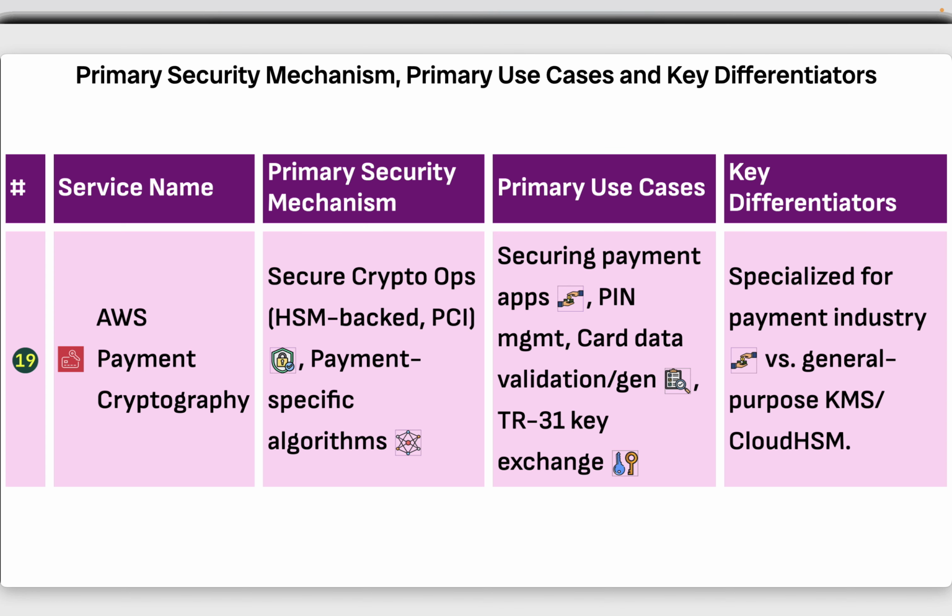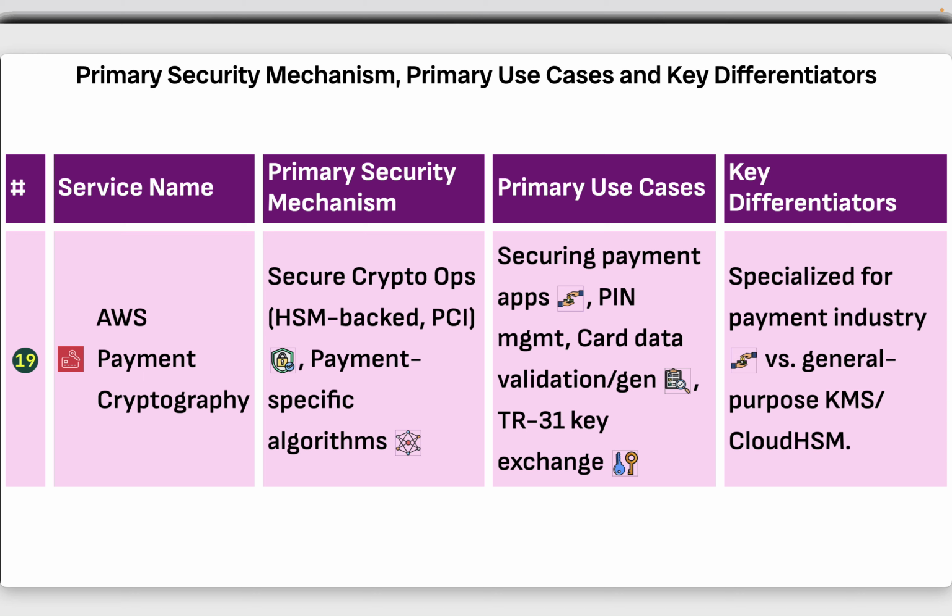Next, we have AWS Payment Cryptography. Primary security mechanism is secure cryptographic operations, backed by HSM, and it is PCI compliant, which is the Payment Card Industry standard, with payment specific algorithms. Primary use cases are securing payment applications, PIN management, card data validation and generation, and TR31 key exchange.